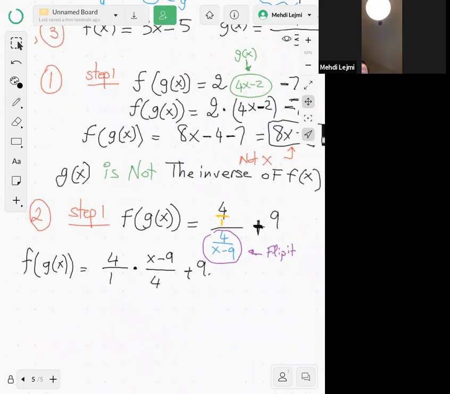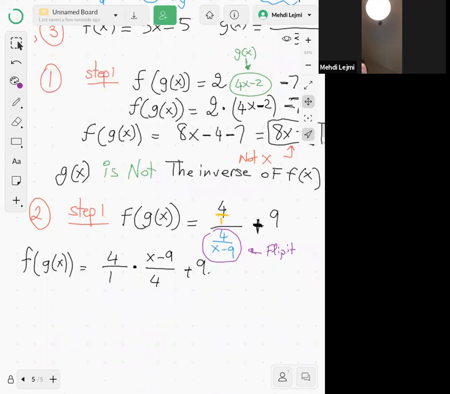We have a multiplication, which is good news, because if you have a multiplication of fractions, then you can simplify, right? So this 4 in the top cancels out. So f of g of x is now x minus 9 over 1, and there's plus 9.